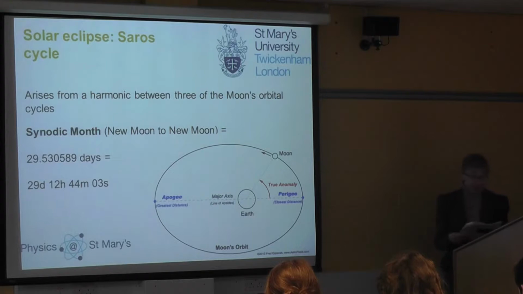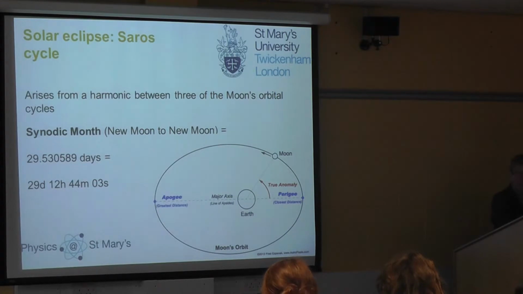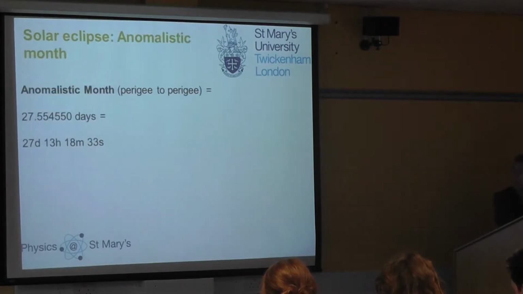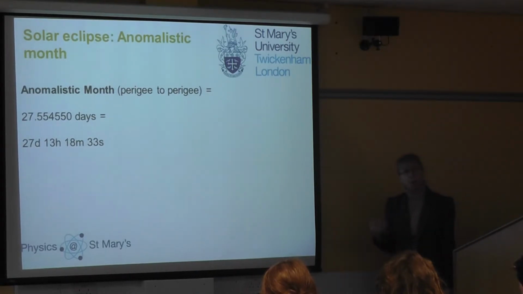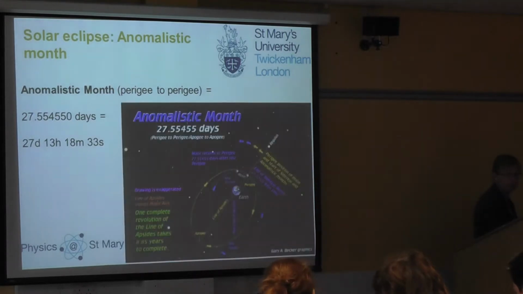Now, the next month used in the Saros cycle is the anomalistic month. The anomalistic month goes from perigee to perigee, and it lasts for about 27 days, so it's slightly shorter.